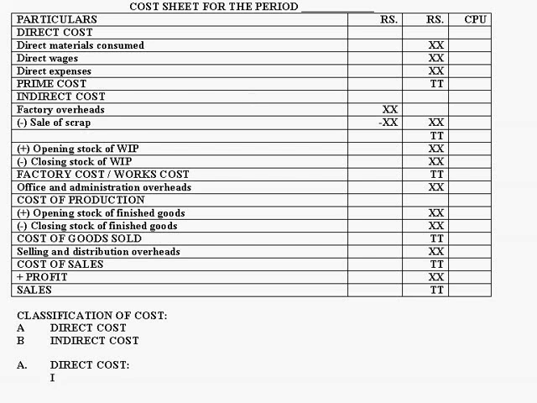In case of direct cost, write down: it is the cost which is directly chargeable to the product manufactured.